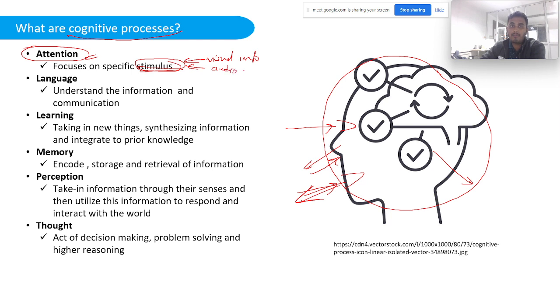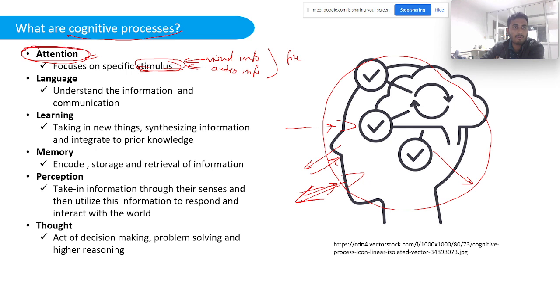So we need input data to be processed. We have five senses, which are vision, audio, smell, touch, etc. And these stimuli allow us to focus our attention on a particular processing.